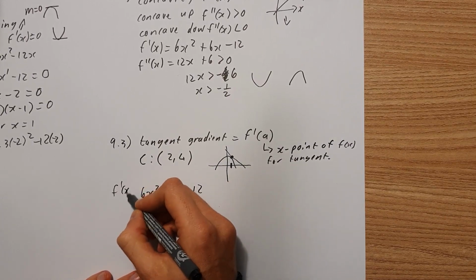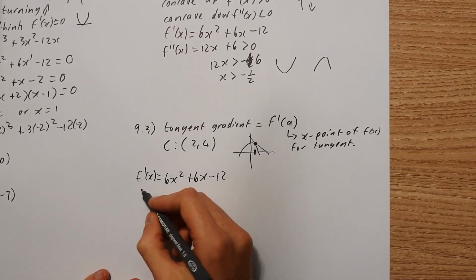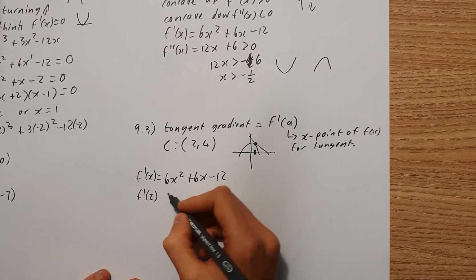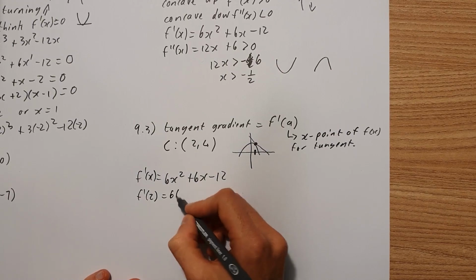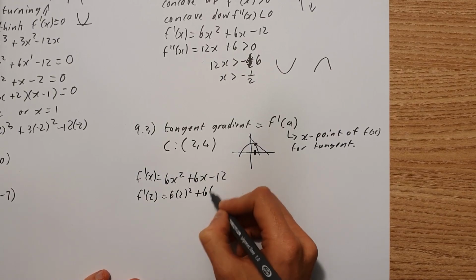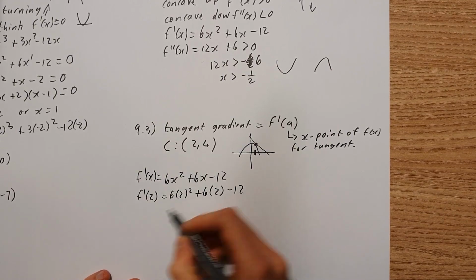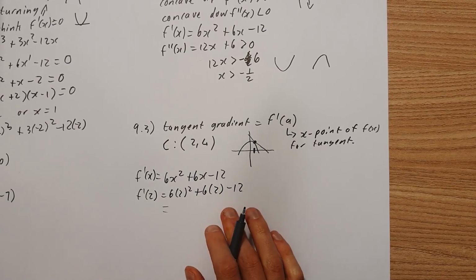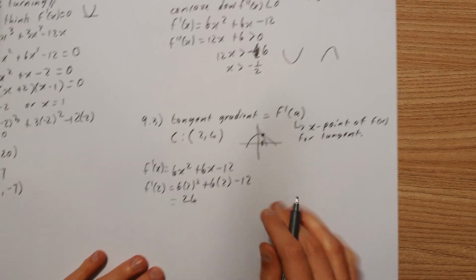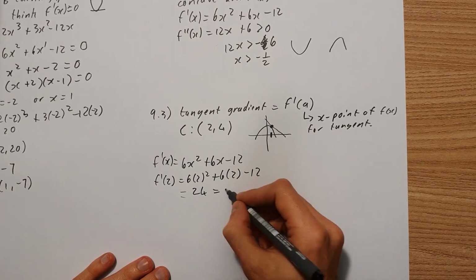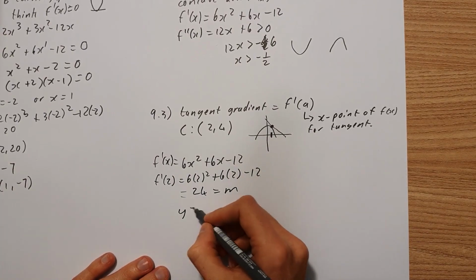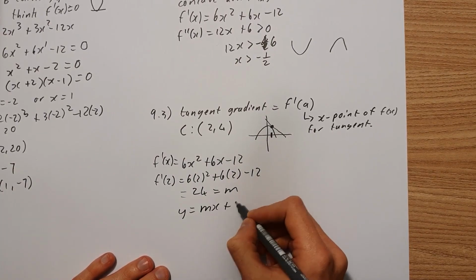Now we need to find f prime of 2, which is 6 times 2 squared plus 6 times 2 minus 12. If you plug that into your calculator, you should get a value of 24. So this is your gradient, this is equal to m. Now we use y equals mx plus c.